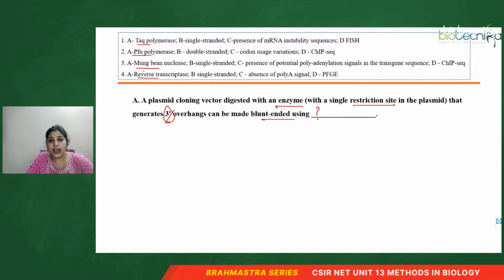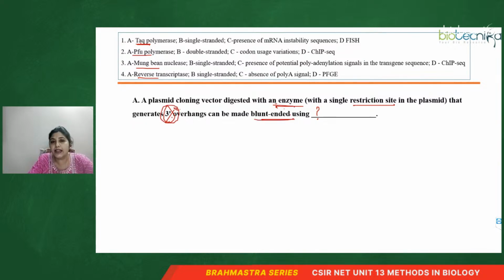Reverse transcriptase uses messenger RNA as a template and synthesizes a complementary strand, that is cDNA. Whereas Taq polymerase is used in PCR because it is thermostable and can resist high temperature. And most importantly here, which enzyme can digest the 3' overhangs so they can be made blunt-ended.